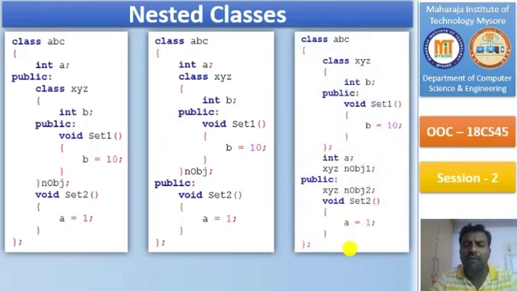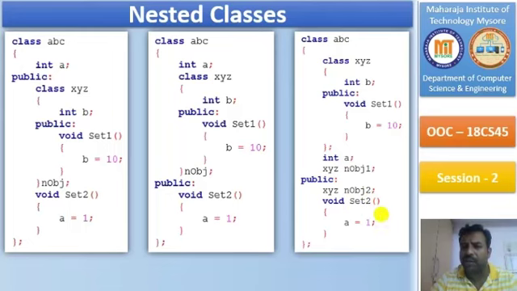So now we have class ABC. I am creating a definition of a class XYZ inside the class ABC as usual, but I am declaring objects of this class XYZ as NOBJ1 in the private section and NOBJ2 in the public section. I am creating two objects. Once I have defined the class, I can create n number of objects.